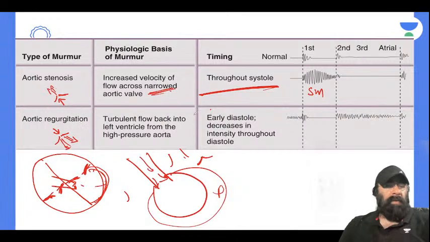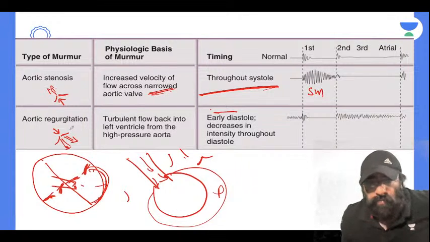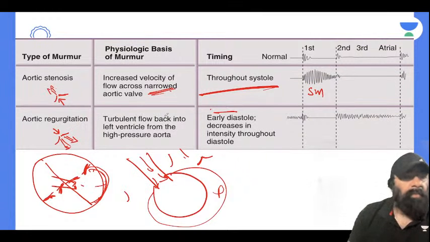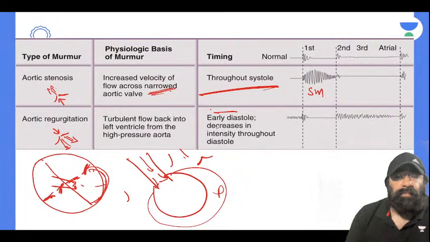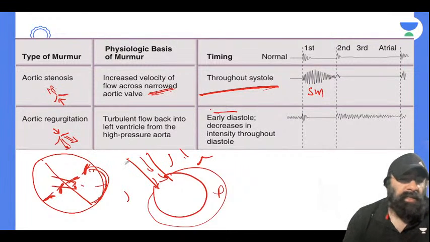It's going to happen in the diastole, because in the early diastole there will be turbulent flow back into the ventricle from the high pressure aorta, and it decreases in intensity throughout the diastole. Why does it decrease in intensity? Because initially there is high pressure in the aorta, and as it goes down, the pressure in the aorta goes down.